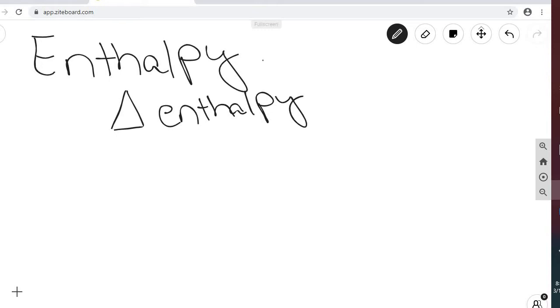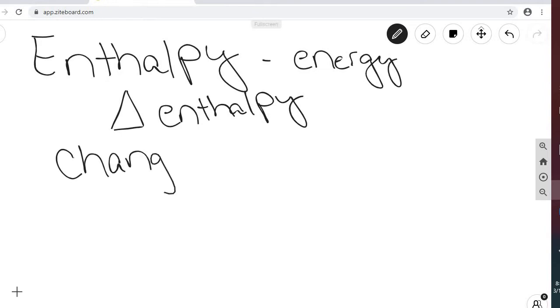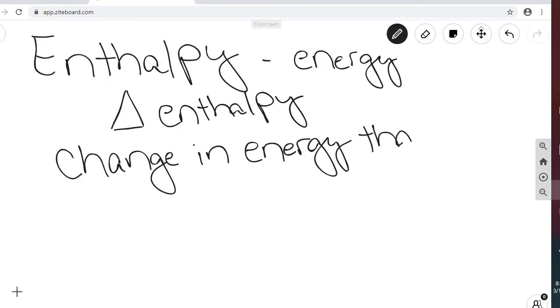Enthalpy is energy, so the change in enthalpy is the change in energy that occurs within a physical change or a chemical change.